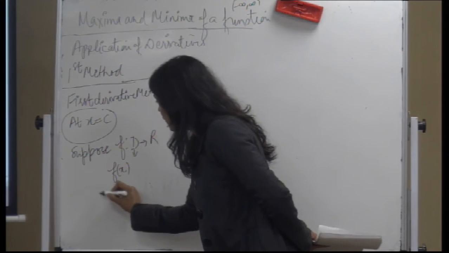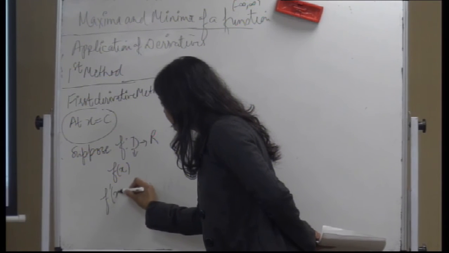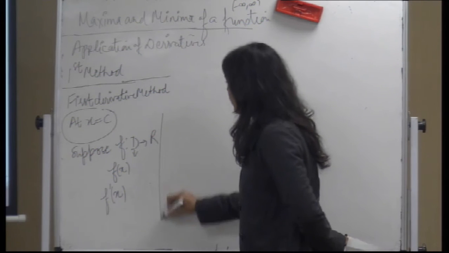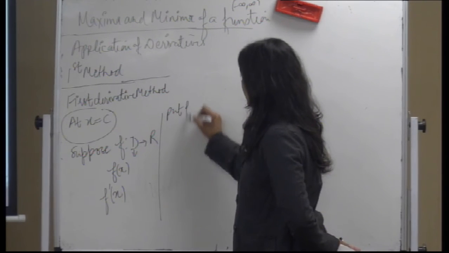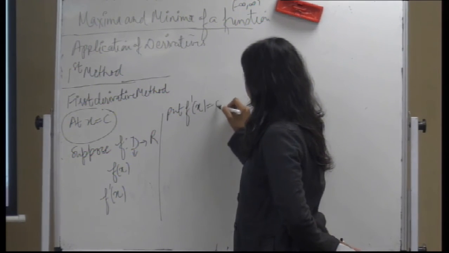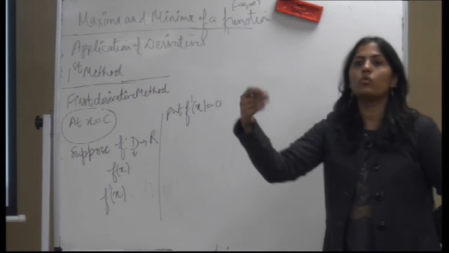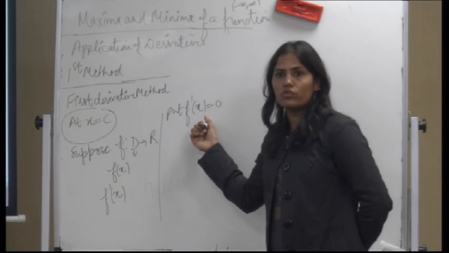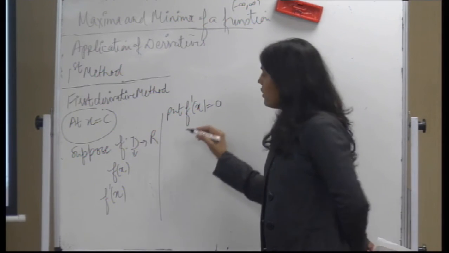First you will calculate f dash x, the first derivative. Then put f dash x equal to 0. This is the equation, and you will get some roots. You can easily solve it.